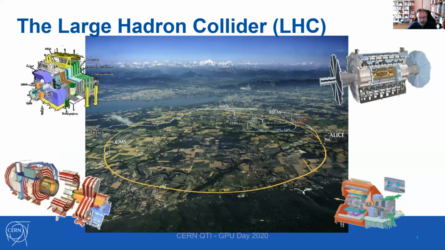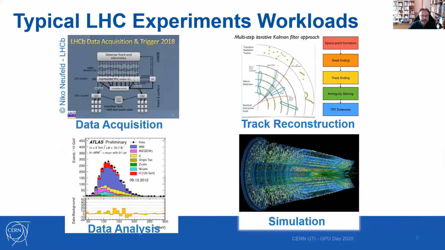Now, from a computing point of view, this is the starting point, the transition between the actual world and the computing and computer science world. It happens in the detectors. As a simplification, there are at least 4 main classes of computing workloads that we are looking at from a quantum technology point of view, quantum computing especially.